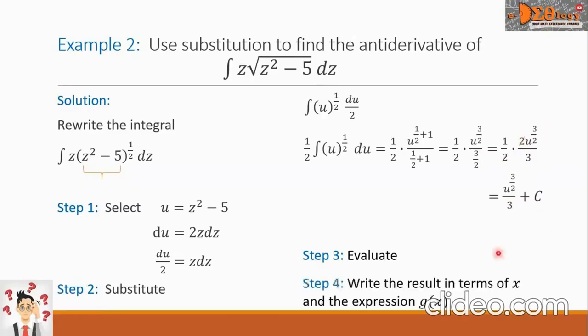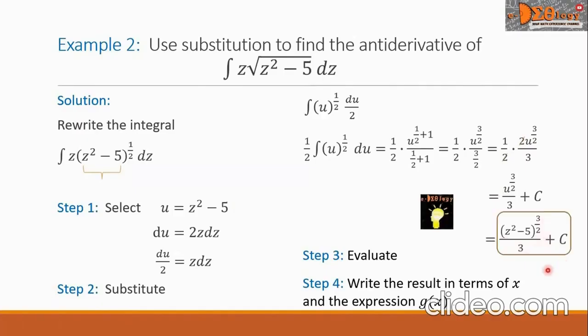And step 4, write the result in terms of x and the expression g of x. So the value of u from step 1 is z squared minus 5, and then this is now raised to 3 over 2 all over 3 plus c. This is now the final answer.